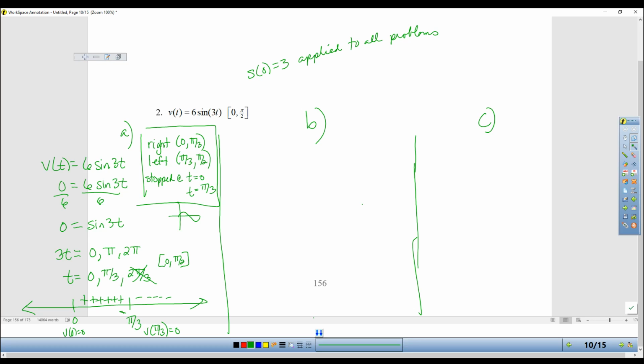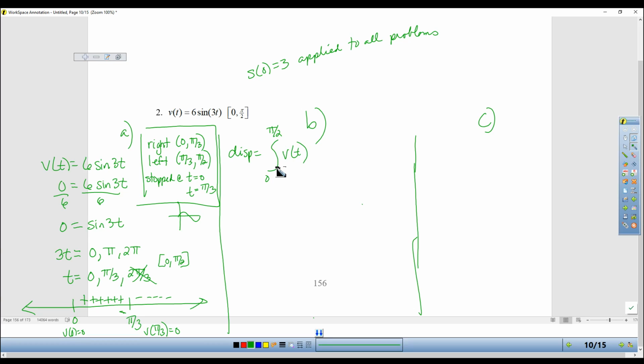All right, part B, find the particle's displacement. So this time I'm going to do it the second way. Displacement is always just going to be the integral of velocity. So we're going to go the displacement from 0 to pi halves.